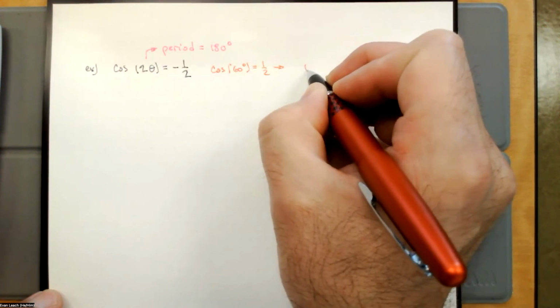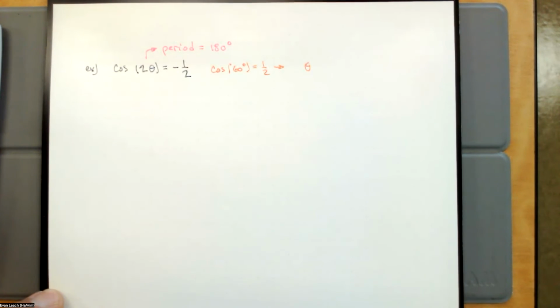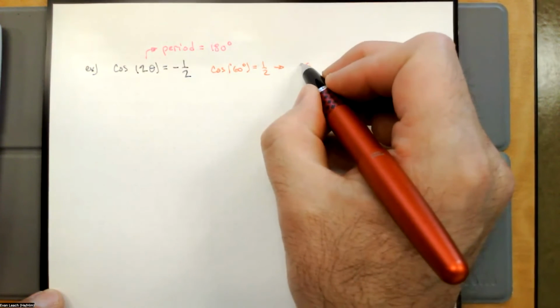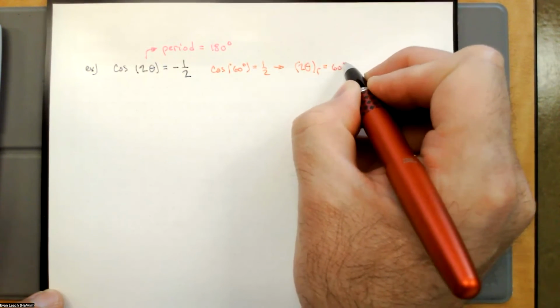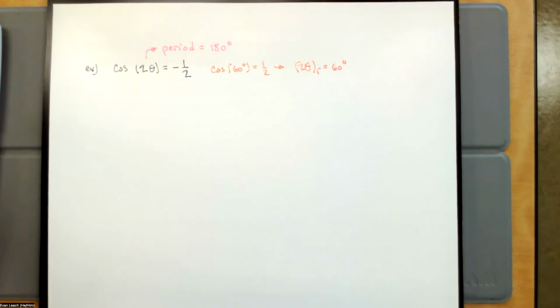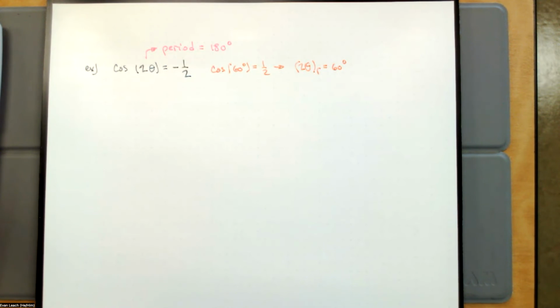So our reference angle is the reference angle for 2 theta. And we're not ready to get rid of the 2. I can't use a reference angle of 30 for theta yet, because we've got to put 2 theta into each quadrant.